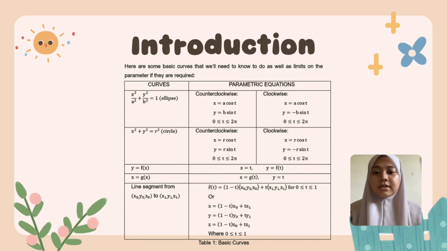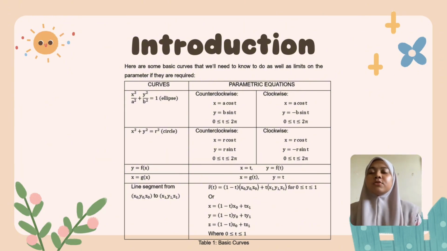And lastly, for the line segment from (x0, y0, z0) to (x1, y1, z1), the parametric equations, either we can write r(t) equals (1 minus t) multiplied with (x0, y0, z0) plus t(x1, y1, z1), or we can write x equals (1 minus t) x0 plus t x1, y equals (1 minus t) y0 plus t y1, and z equals (1 minus t) z0 plus t z1, for t ranging from 0 to 1.